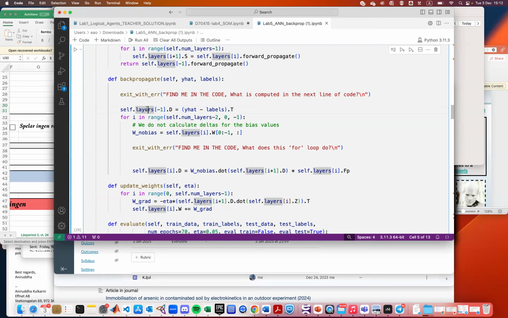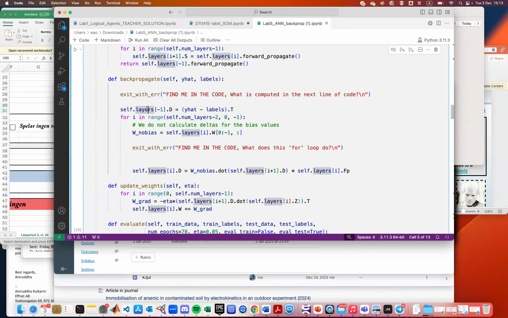It is a very simple formula, where y hat is the scores produced by the network for a given input, and labels is the ground truth, the desired outcome.